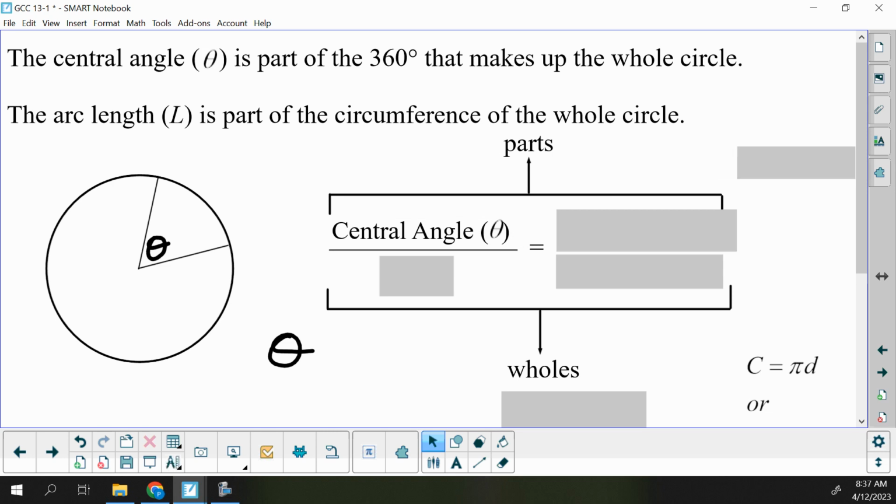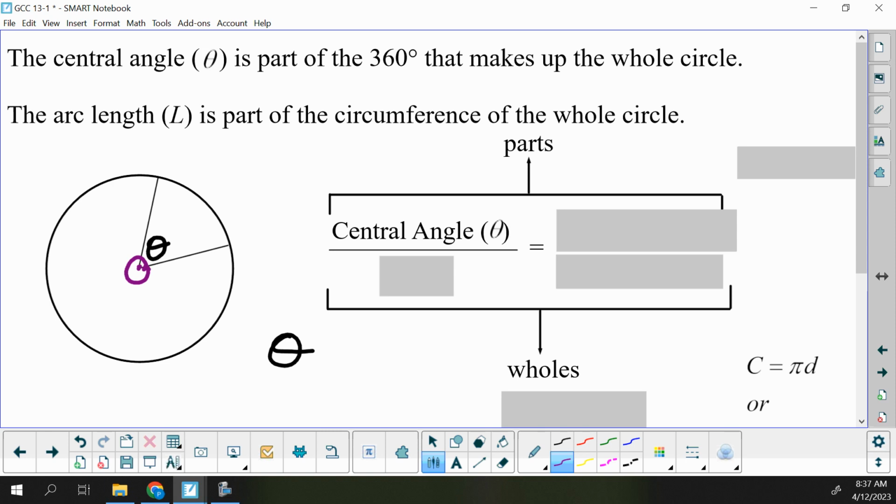So that top left is always going to be our central angle, which will be the variable theta. The central angle represents part of the angle of an entire circle. On the bottom, at this center here, imagine how many degrees it is all the way around the center of that circle.